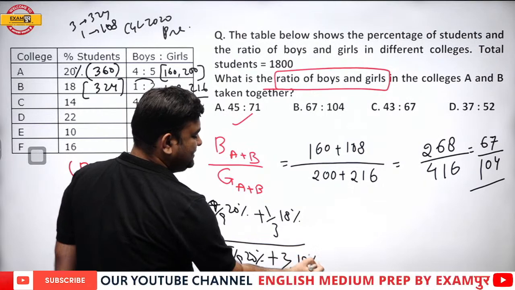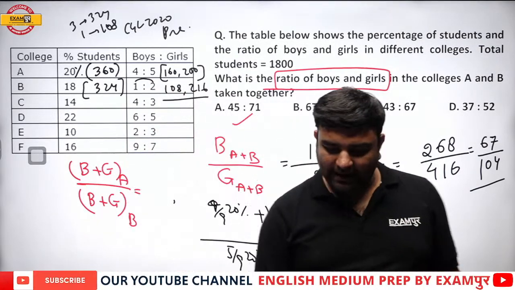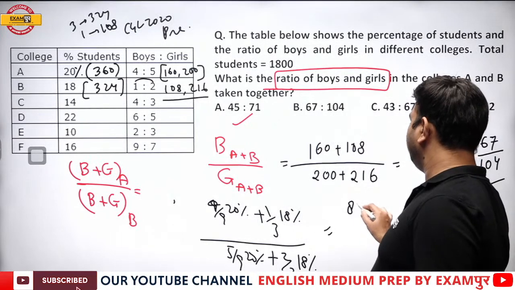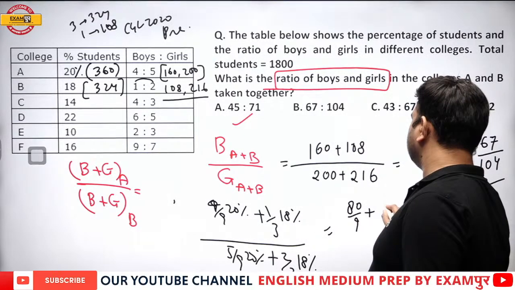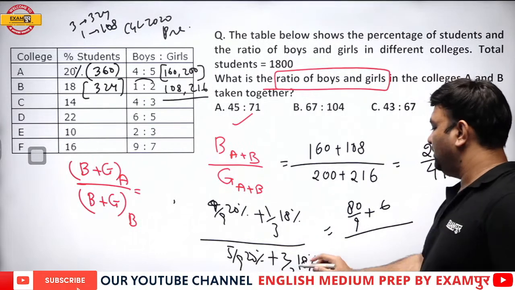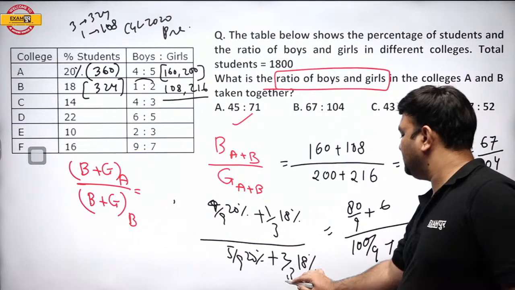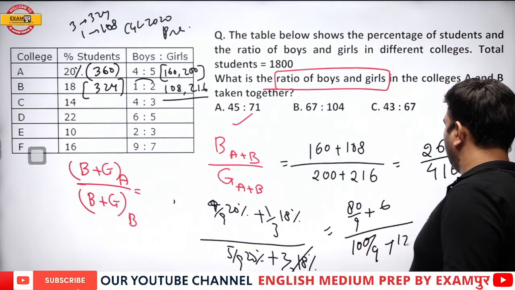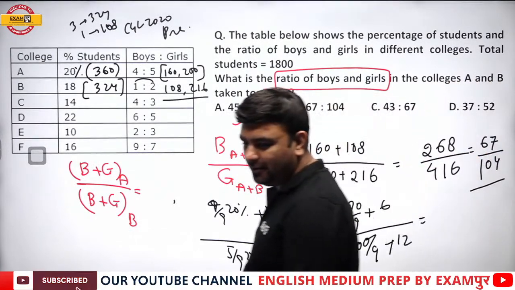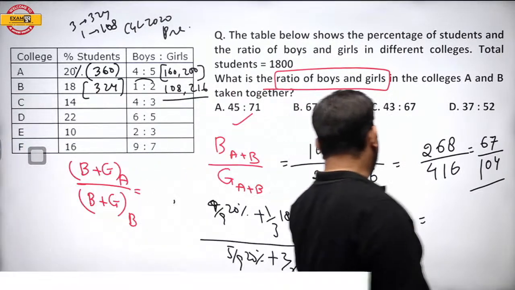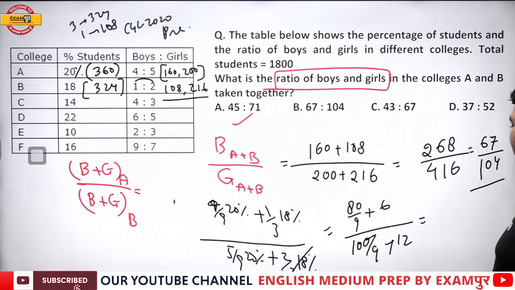This is stylish, isn't it? Guys, this is stylish, isn't it? So 80 by 9 plus 6 upon 100 by 9 plus 12. 9 6 ja 54. 54 plus 80 is 134.